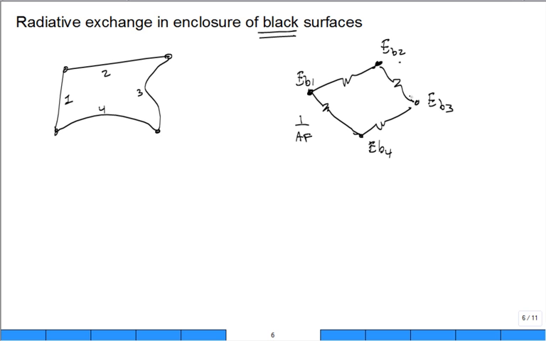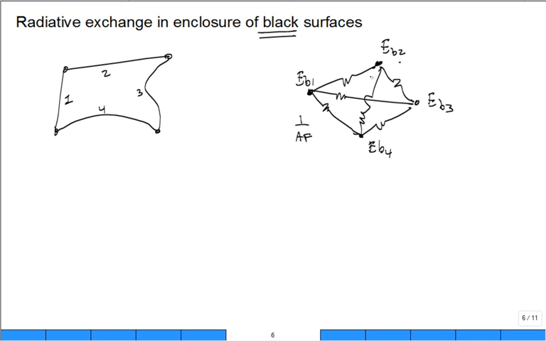If I stop right there, did I put in all the resistors? No, there's a resistor between 1 and 3, and between 2 and 4. Now did I get them all? There can be a lot of radiative resistors if you have a lot of surfaces in the network.